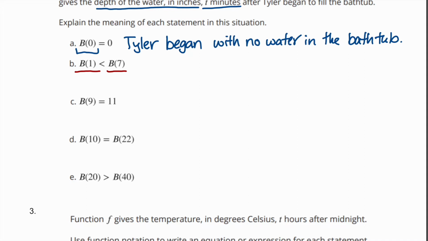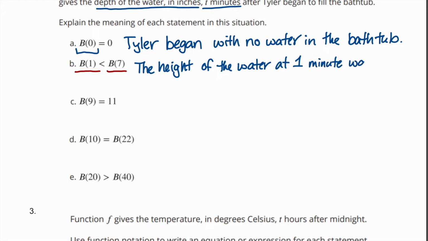The entire piece put together, the function name with the input, represents our output value. So we can say the height of the water at 1 minute was lower than the height of the water at 7 minutes.